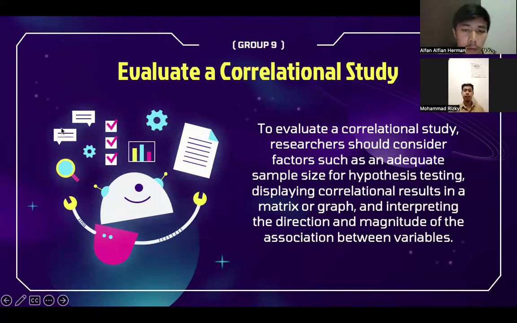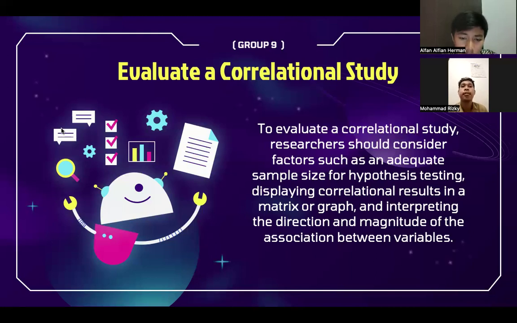All right, the next material is how to evaluate a correlational study. How do you evaluate a correlational study? To evaluate a correlational study, researchers should consider factors such as an adequate sample size for hypothesis testing, displaying correlational results in a matrix or graph, and interpreting the direction and magnitude of the association between variables.